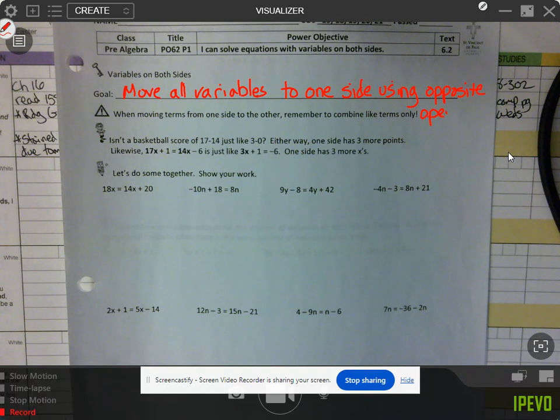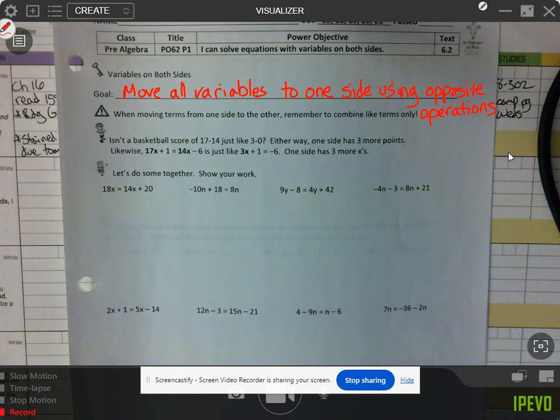So variables on one side, what do you think is going to be on the other side of the equal sign? Matthew? The constant. So we're going to have it mixed with variables and constants on both sides of that equal sign, and we're going to move it so the variables are on one side and the constants on the other side. So you can say n equals this number.